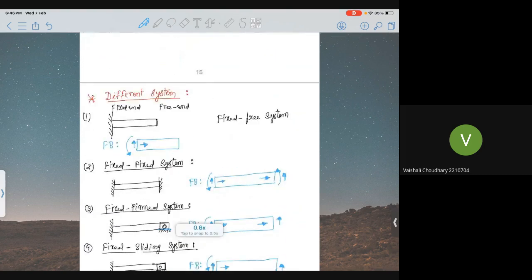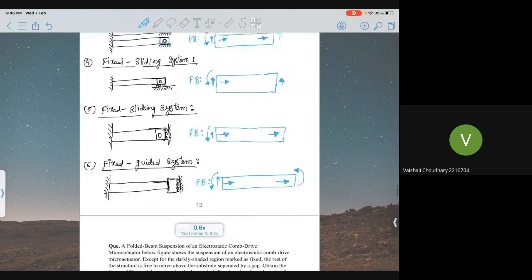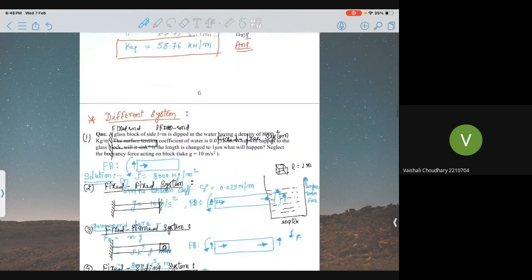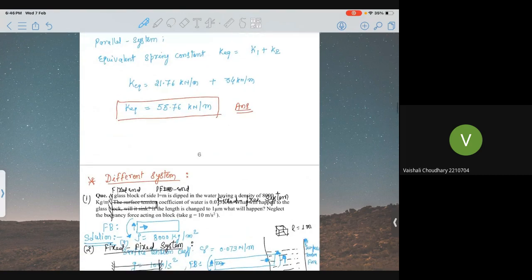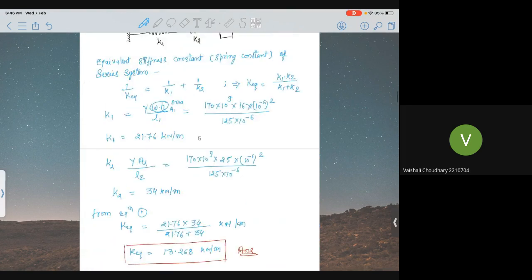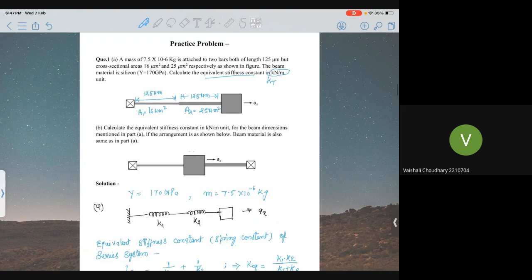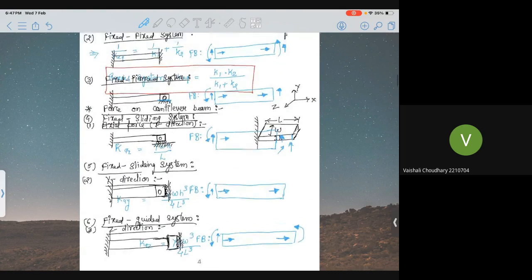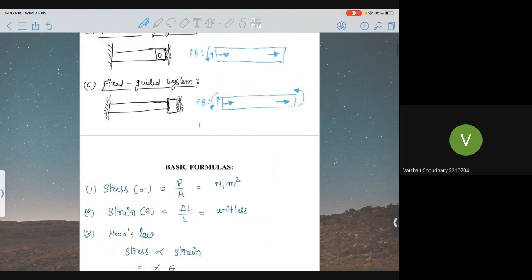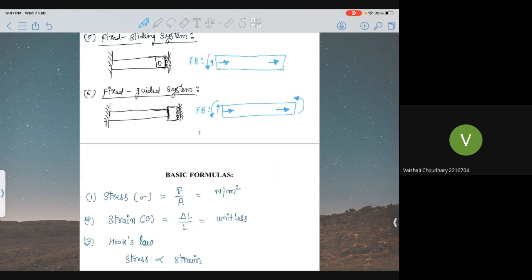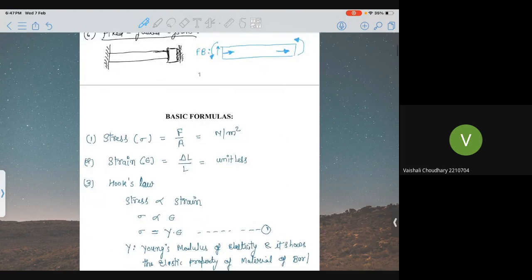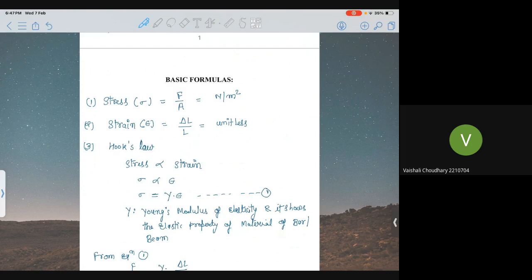So we'll summarize all the questions. First, we started with basic formulas.